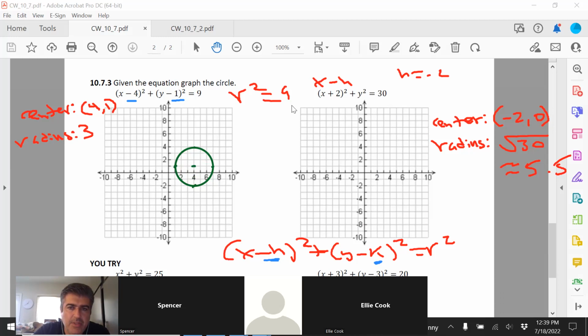And then this one here, the center's at negative 2, 0. And you go about 5 point something away from the center. So probably we'll say 5.5. It doesn't have to be terribly accurate.